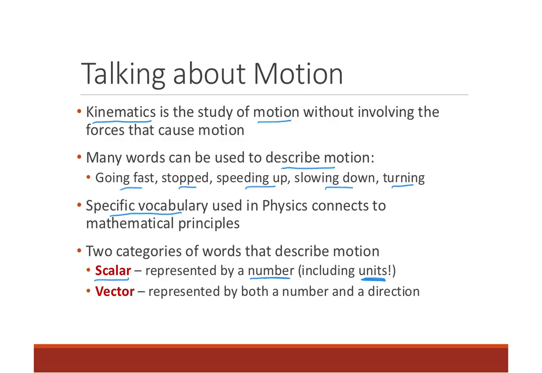And then there are vector quantities, and these have a number and a direction. So the direction is the key part when you're talking about a vector. Their direction could be directions like a compass, north, south, east, or west. Could be right or left, up or down, positive or negative. Those are all directional words that we will see associated with a number when we're describing a vector.